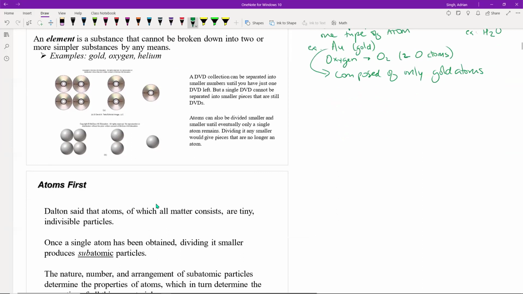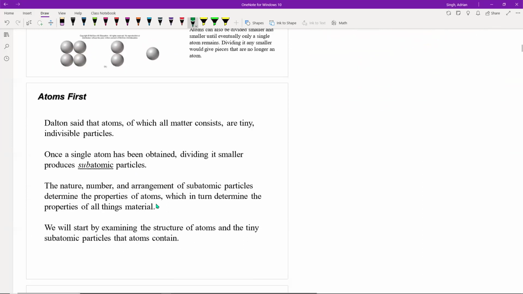Now, there were lots of experiments that were done early on, a couple of hundred years ago, when people were trying to think about all this stuff around us and in us, what actually makes it up? What are the things that make up the stuff around us? And John Dalton, who was probably one of the earliest scientists to approach that question with the scientific method, proposed what's known as the atomic theory.